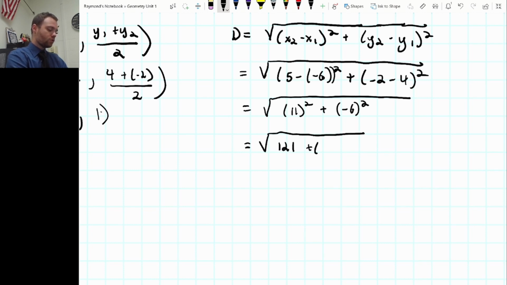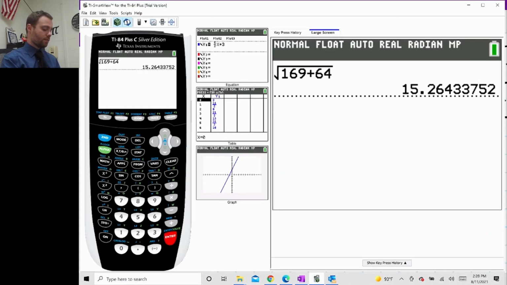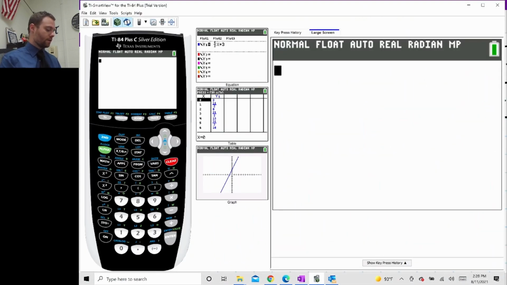But whenever I square a negative, this trips a lot of students up. I want to show you two different things, because I don't want you to come back to me later and be confused on this. If you type negative 6 to the power of 2 in your calculator, what your calculator is thinking is you are only squaring the thing immediately to the left. That does not include the negative.